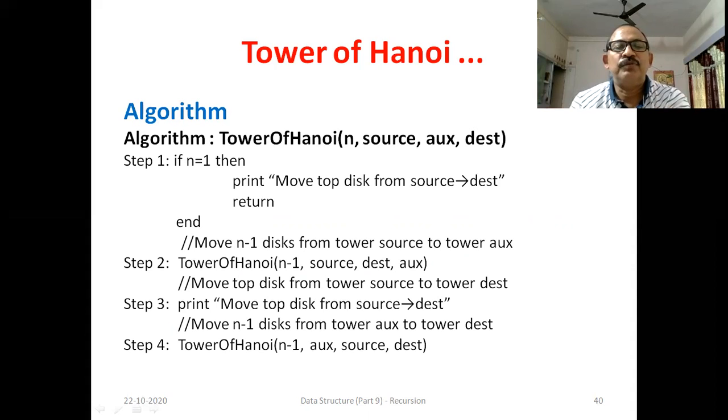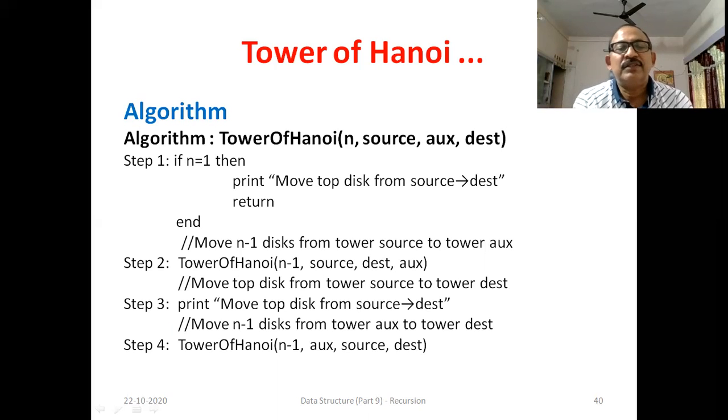So in step 2, we call the algorithm Tower of Hanoi with n minus 1, source, destination, auxiliary. So here we move n minus 1 disks from source to the auxiliary tower, keeping destination as the intermediate.